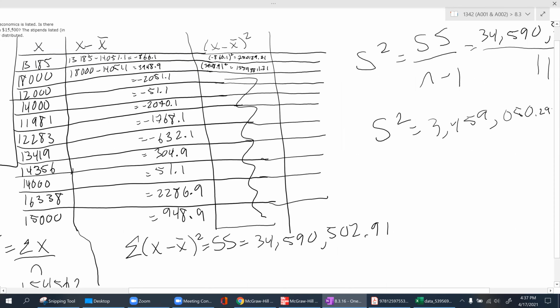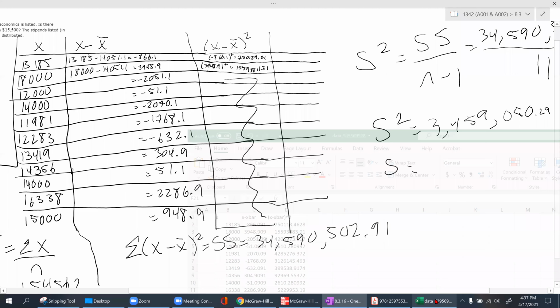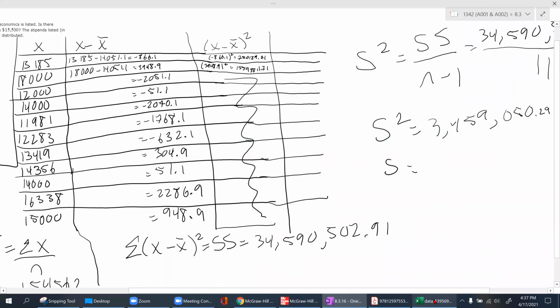And you know how to get the standard deviation from this. You take the square root. So I'm going to take the square root of this variance. My standard deviation, rounding, is 1859.9.